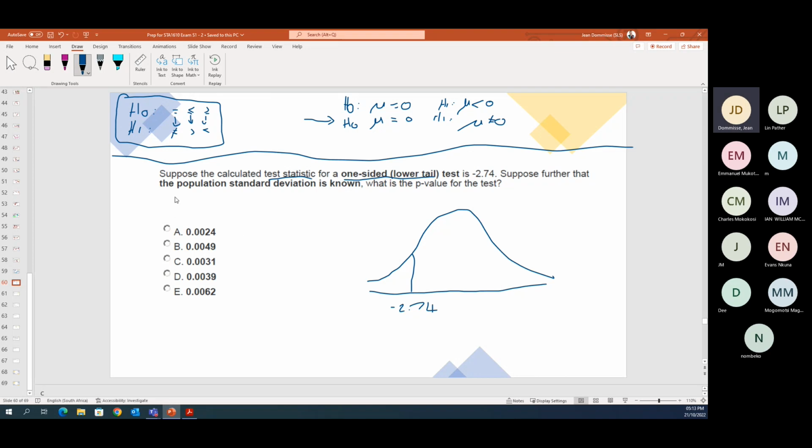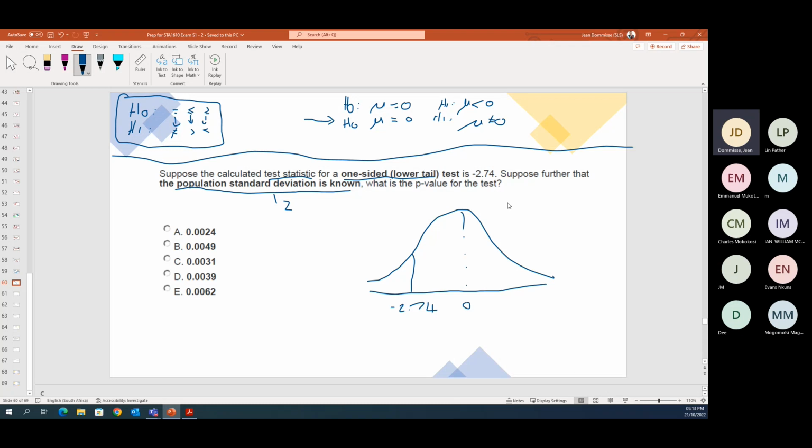Suppose further that the population standard deviation is known. Okay, that just tells us that it's Z, so we can assume that we're working with a normal distribution. What is the p-value for the test?